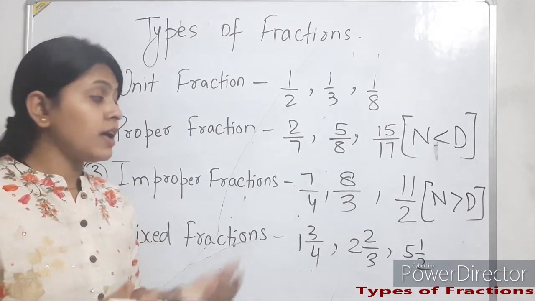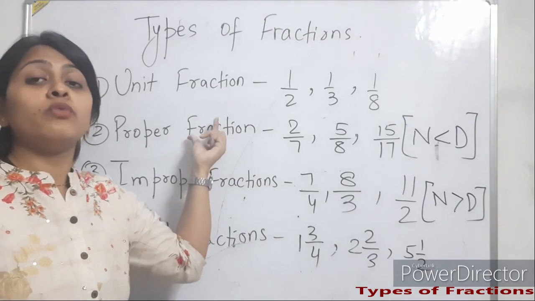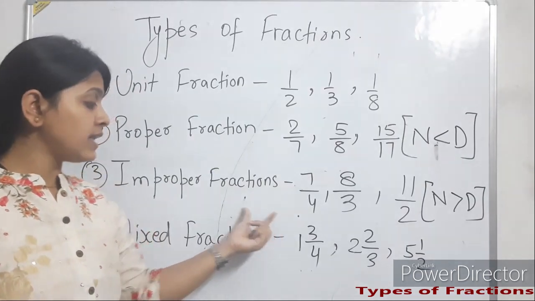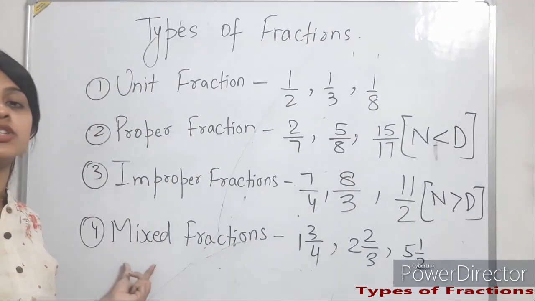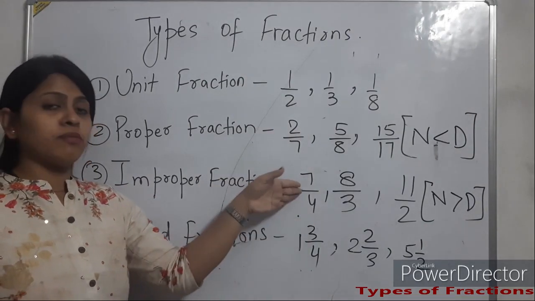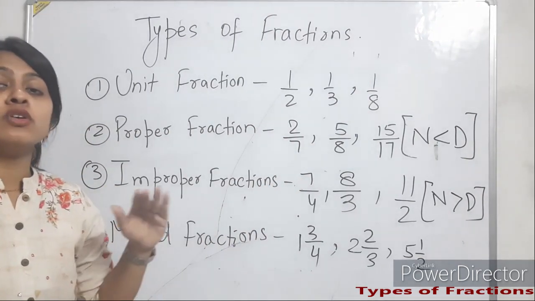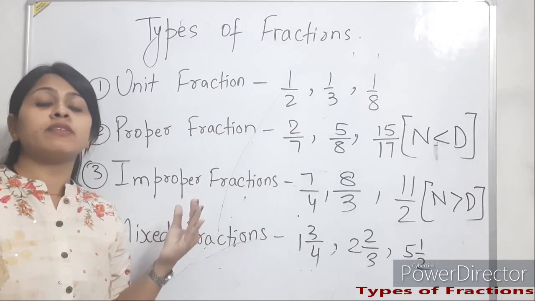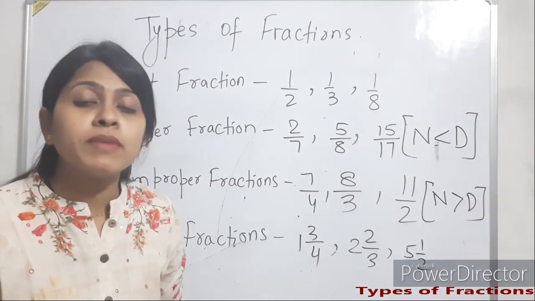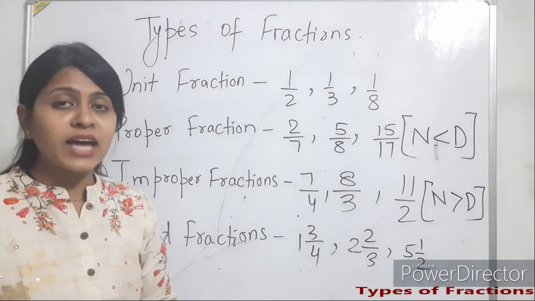To make an improper fraction into a proper fraction, we have to convert it into a mixed fraction. Instantly, we cannot write it like 4 by 7 or anything else. We have to convert the improper fraction into a mixed fraction.